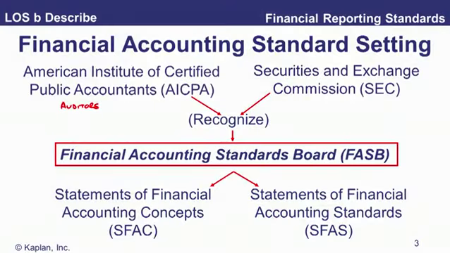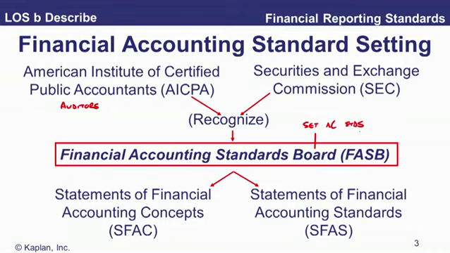So let's look at the Financial Accounting Standards Board. Notice both the audit firms and the SEC recognize the role of the Financial Accounting Standards Board. These are the guys that actually set the financial statement reporting standards. Okay, so these guys set the accounting standards.